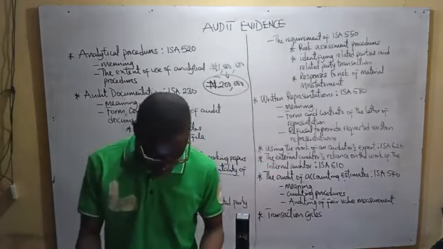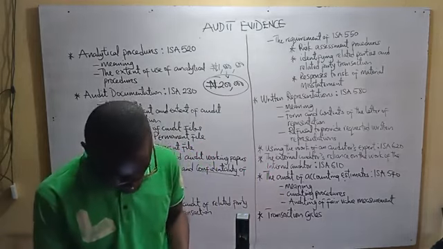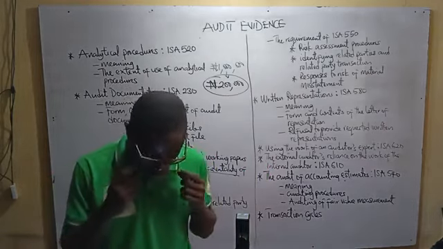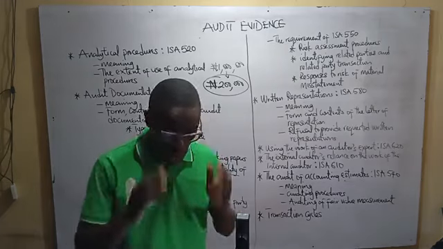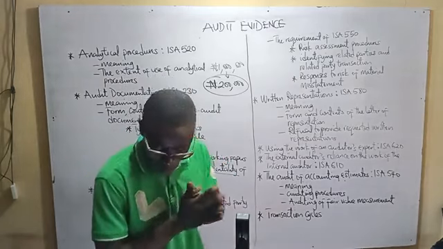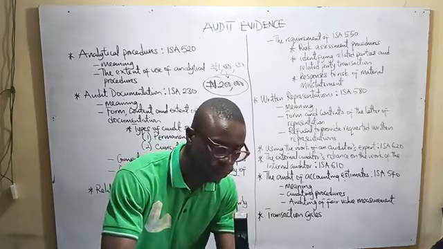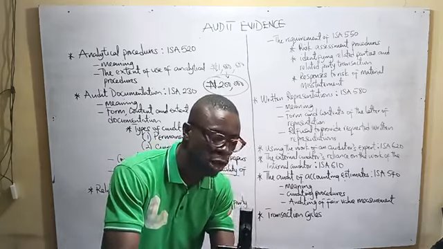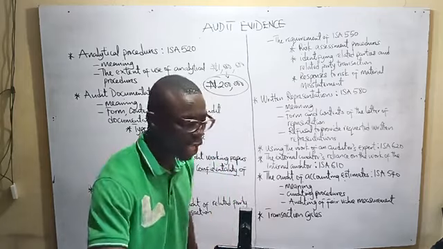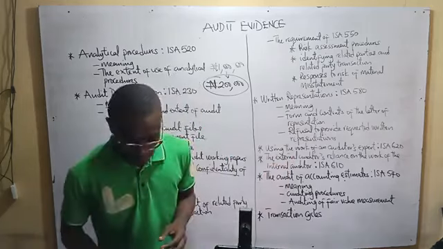The auditor must look at the requirements of the applicable financial reporting framework, the accounting framework that is relevant to that accounting estimate.